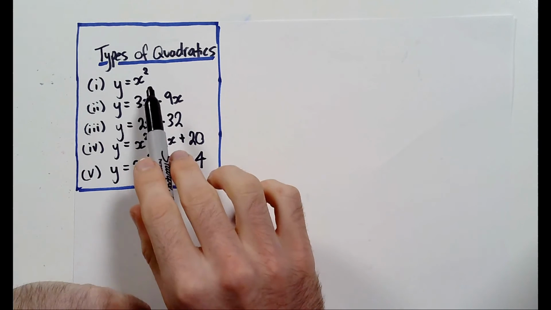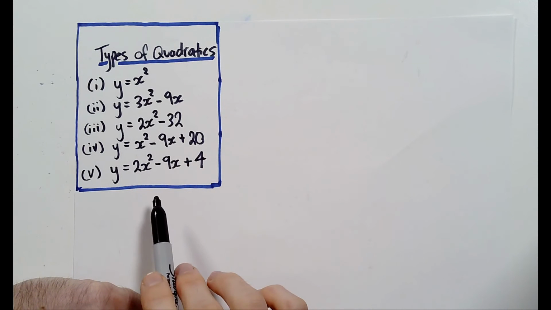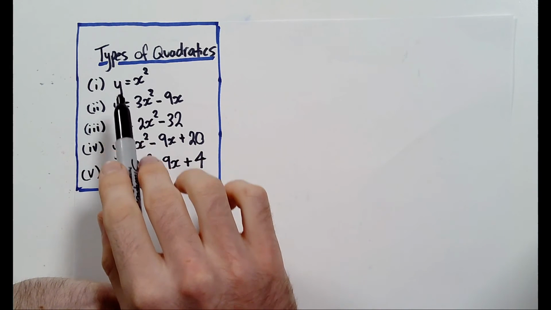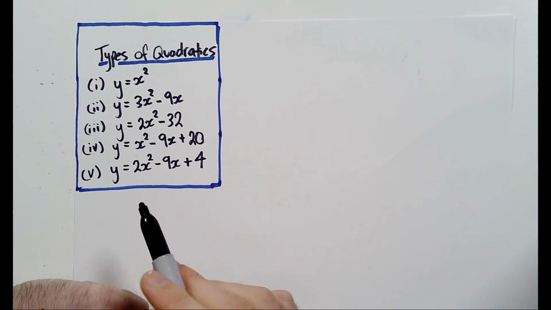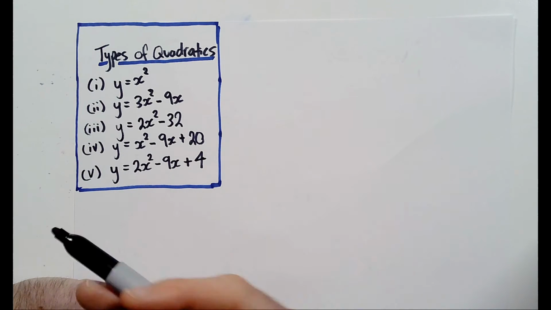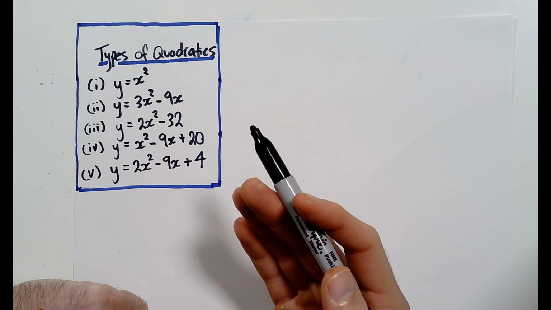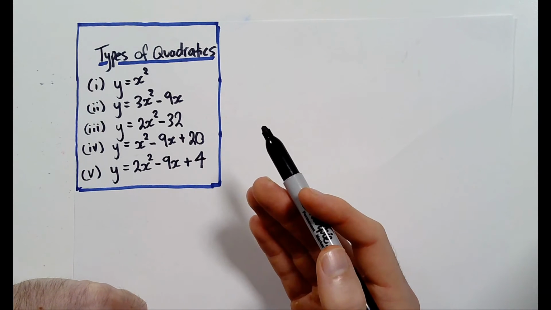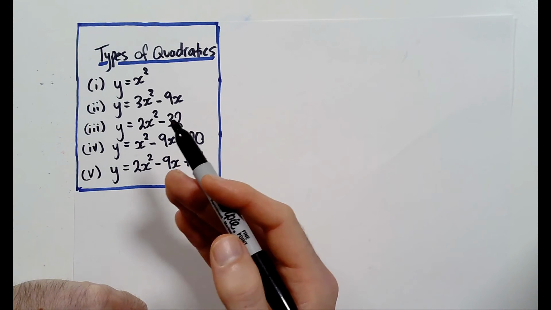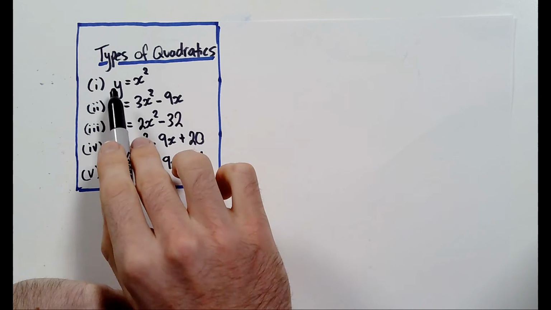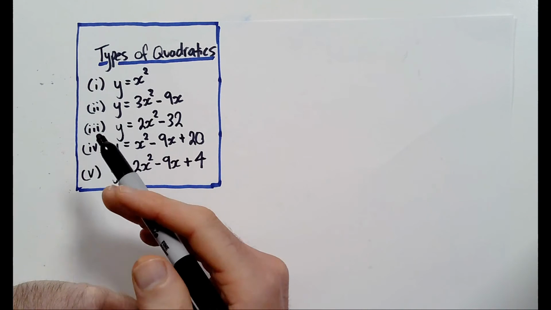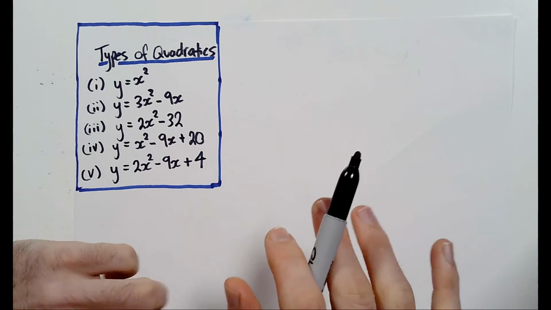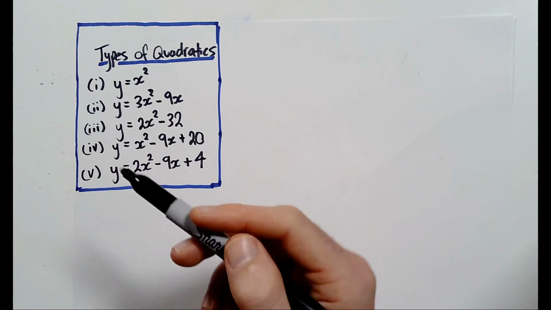So I've got 5 different types of quadratics here that I'm going to be going through because I feel like these are the primary types that you could actually be asked to solve or be asked to graph, in which case you need to know how to go through the process of factorizing them or solving them when you make y equals 0 in order to find the x-intercepts on a graph. So I'll explain all of this in this video and we'll go through each one step by step.